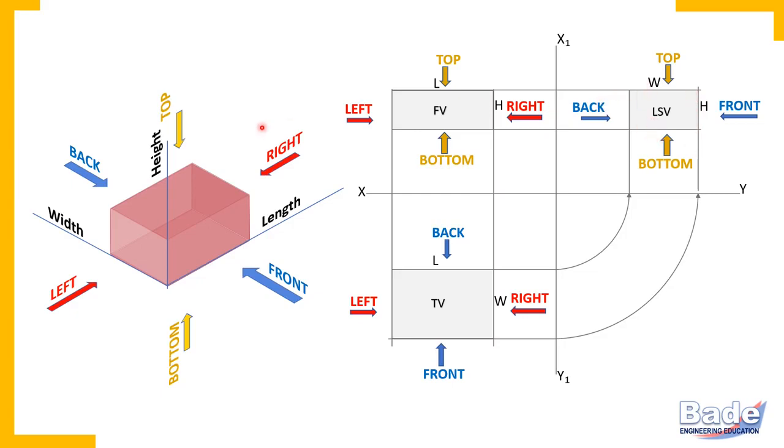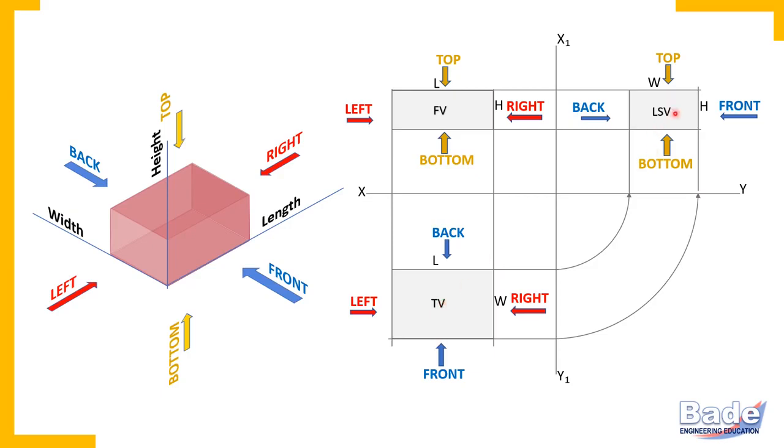So remember, you cannot show all these 6 sides in orthographic views. In each orthographic view, you can show only 4 sides. Listen to the statements I am now making. In the front view, front and back overlap. In the top view, top and bottom overlap.